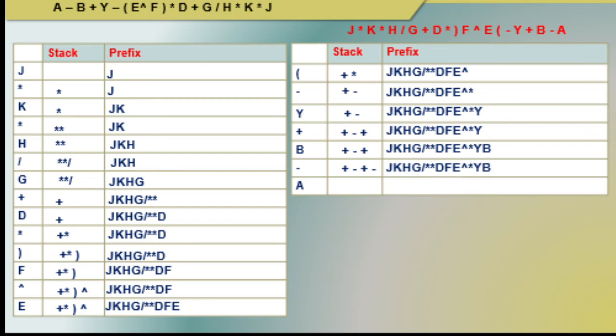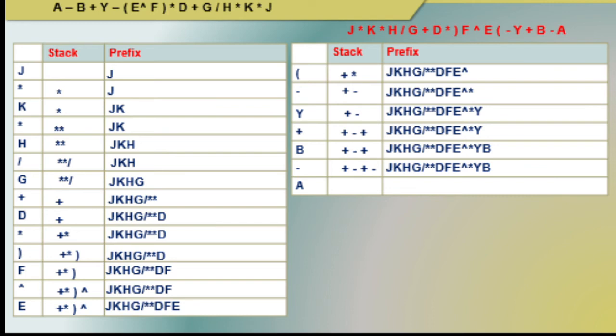And our output is still JKHG, division operator, our two multiplication operators, D, F, E, exponent symbol, multiplication operator, Y, and B operands. And then the last one is A operand. Since it is an operand, we must write it in our output.